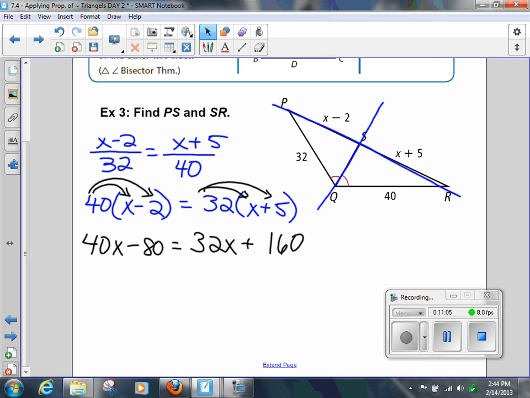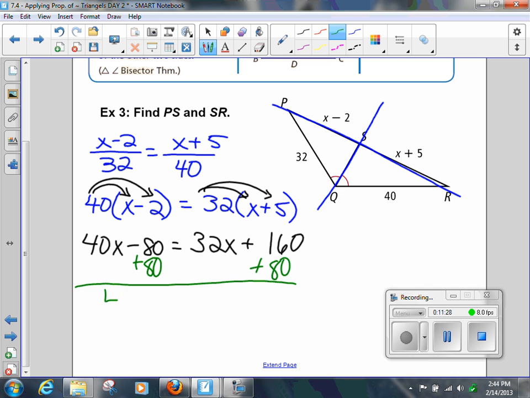Tell me how to solve it. Add 80 to both sides. That's going to give me 40x is equal to 32x plus 240.